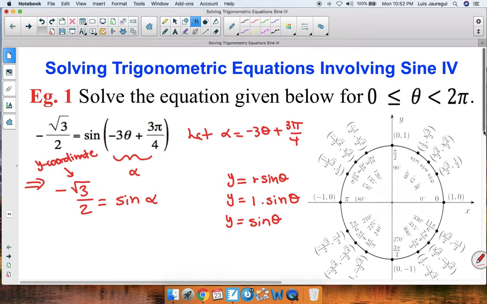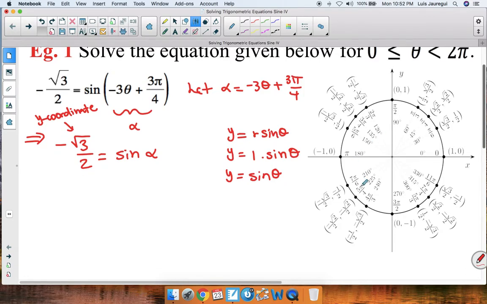Now, looking at the unit circle, we look for those points with such coordinates. And here's one of those points. And we can also get the reflection across the y-axis, and that should work. So those angles alpha happen to be 4 pi over 3 or 5 pi over 3.